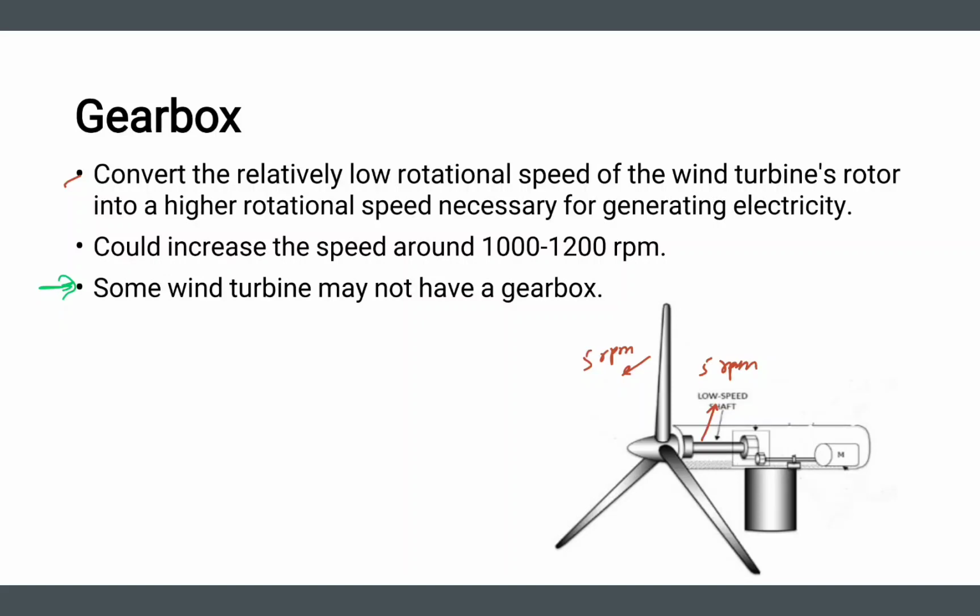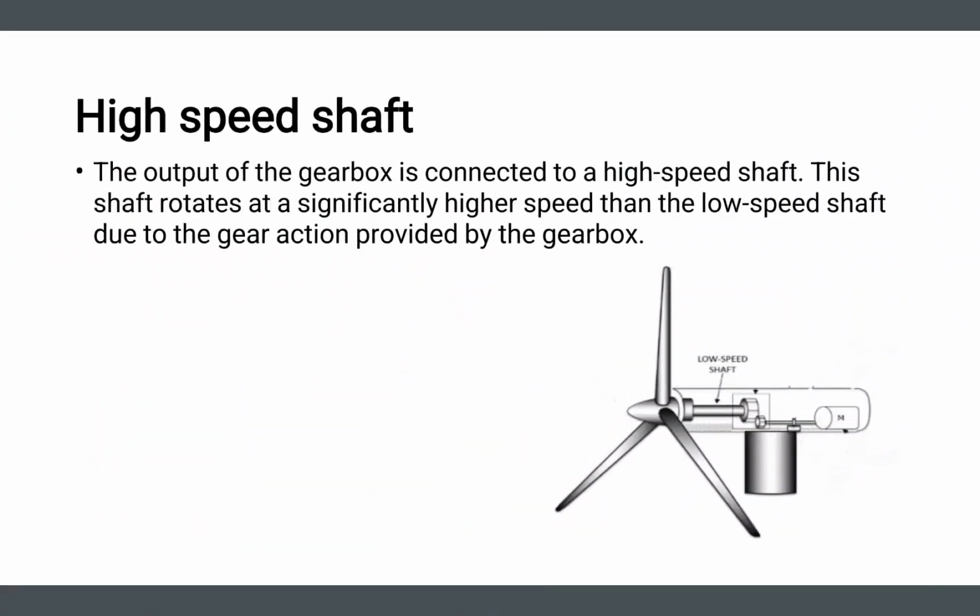So a gearbox is connected that increases the speed to 1000 to 1200 rpm. This component here is the gearbox. This will increase the rotating speed from 5 rpm or 15 rpm up to 1000 to 1200 rpm. It's important to note that some wind turbines may not have a gearbox. This you can see in another video titled Types of Gearbox, link given in the description.